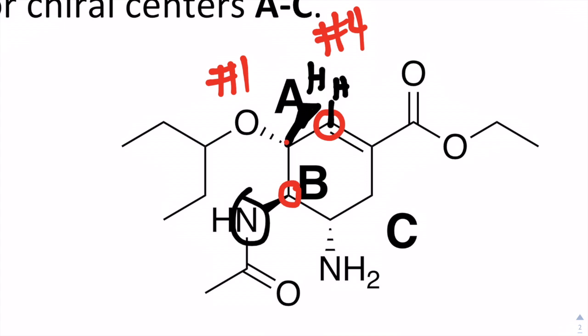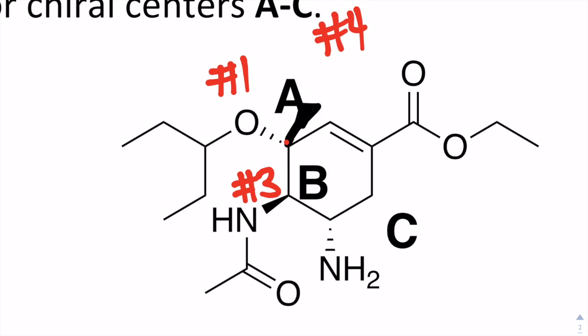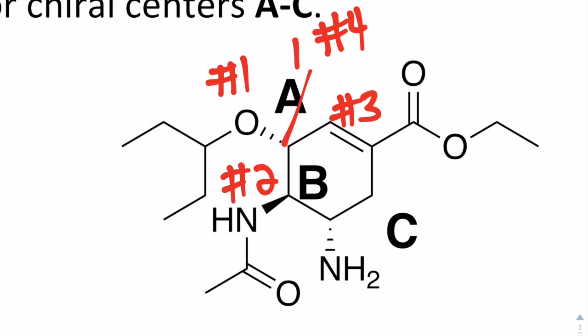So this group would be priority number 3. Okay, and this group would be priority number 4. I'm sorry, priority number 2. Okay, so that is the correct assignment for these specific substituents.